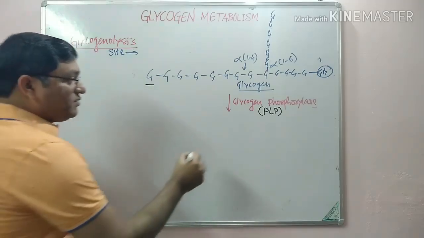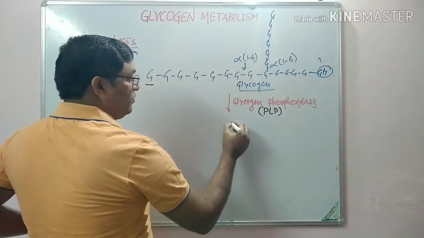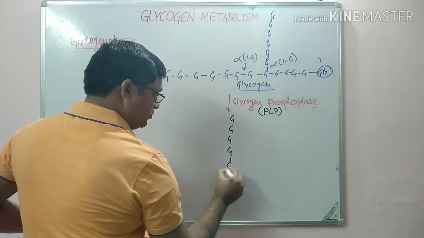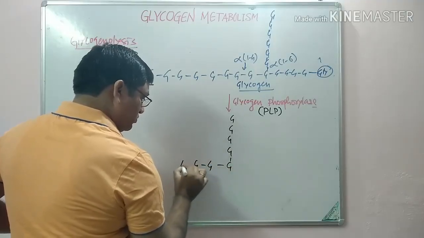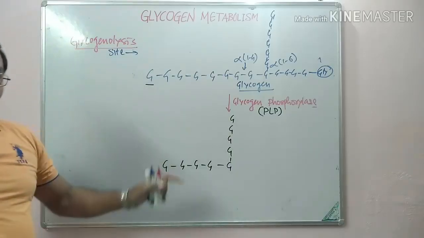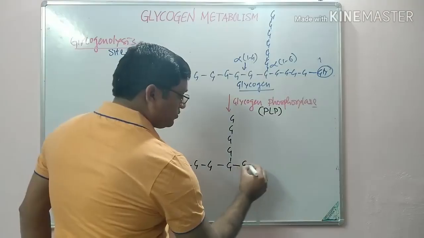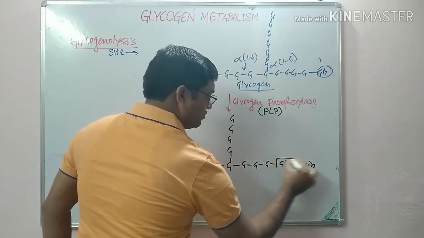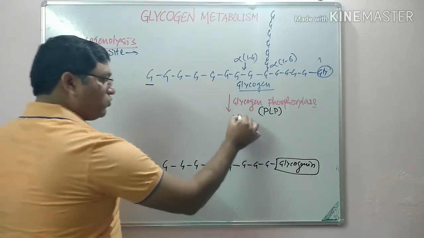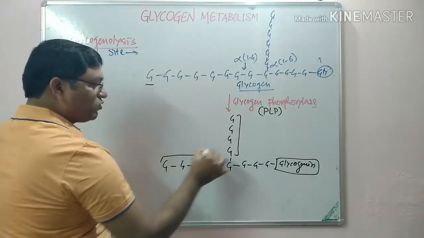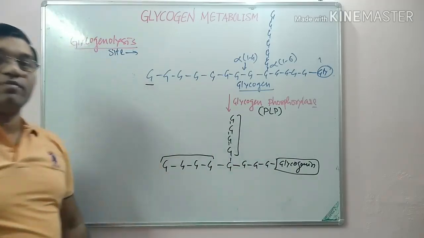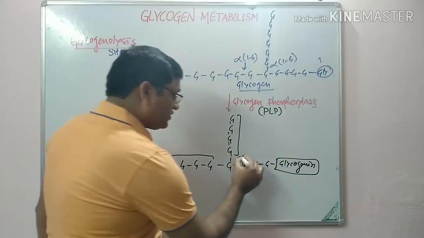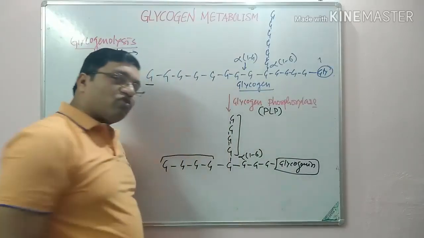Limit dextrin means there are 4 glucose residues on either side of the branch point. As it is nearer to the alpha-1,6 glycosidic linkage, the action of glycogen phosphorylase stops.